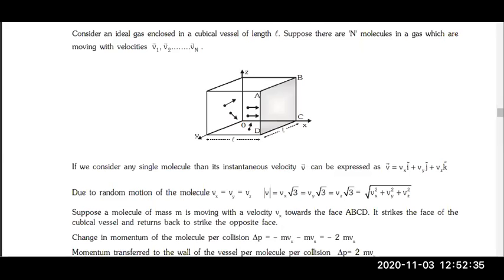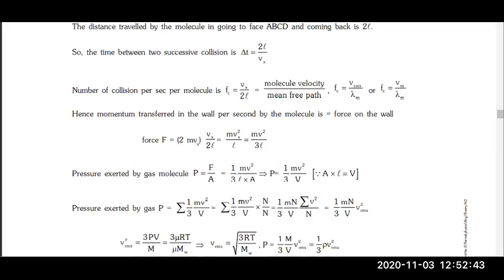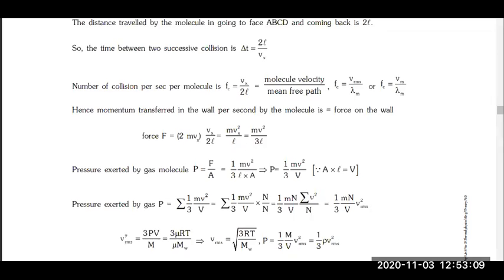Now we will relate it with change in momentum, then pressure. Then we will use the ideal gas equation and use of KTG, which is, kinetic energy equal to half mv square is equal to, I hope all of you remember, 3 by 2 kT. By using this, you can find the RMS velocity, which is root of 3kT by m, or 3RT by M. Now, since you're not in class 11th, you don't have to worry about derivation.